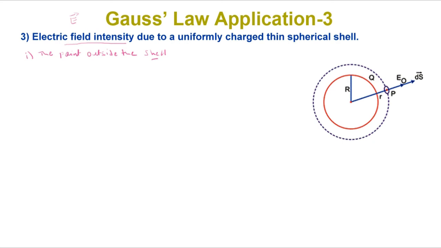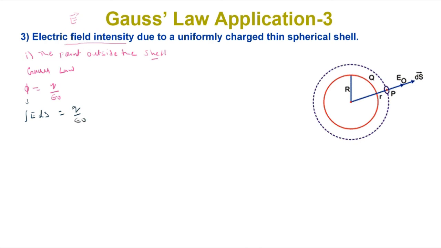Again I will apply Gauss law. According to Gauss law, you know very well, the outward flux is equal to Q divided by epsilon naught. The total flux through the closed area is the integration of E dot ds, which is equal to Q by epsilon naught.